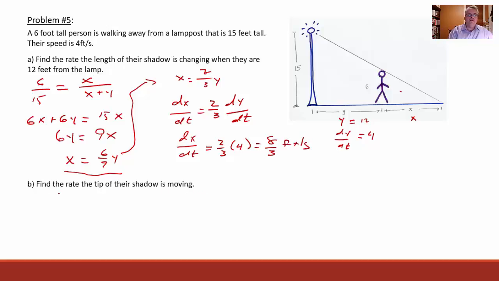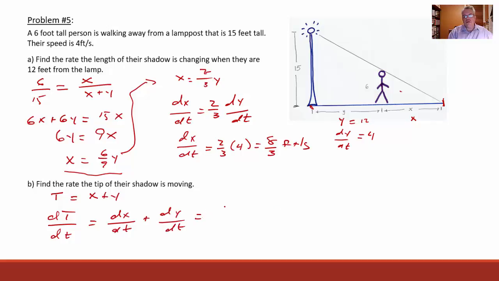All right, find the rate the tip of the shadow is moving. Well, the tip of the shadow, the distance from that to the lamppost, is y plus x. So the total distance, I'm going to call it t, is x plus y. So the derivative of that total distance would be dx dt plus dy dt.